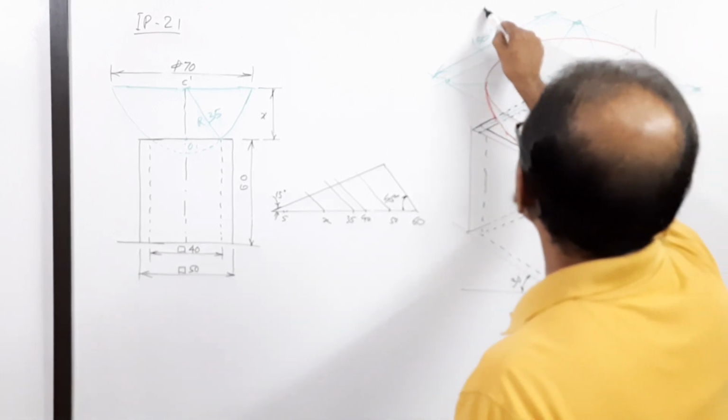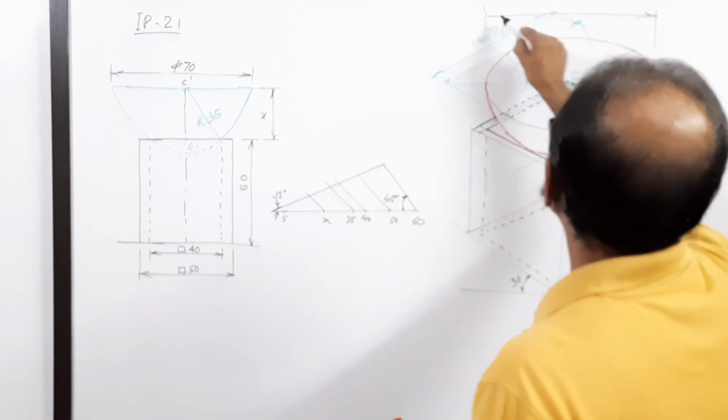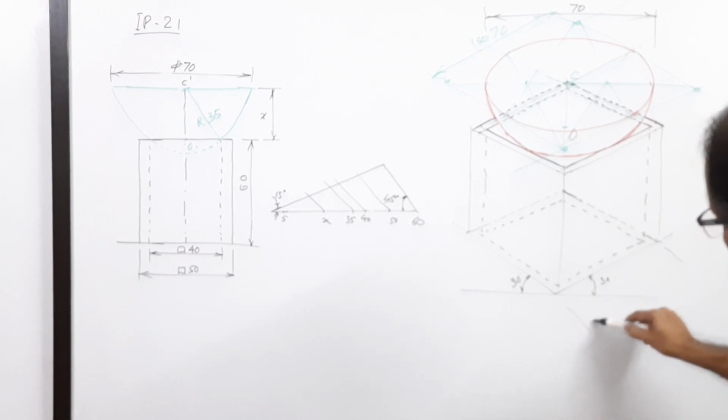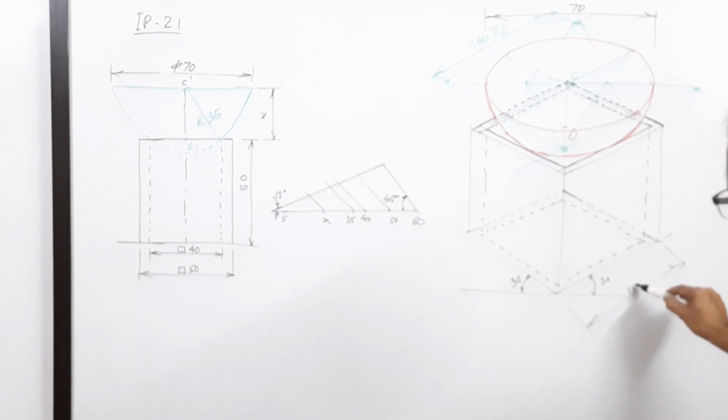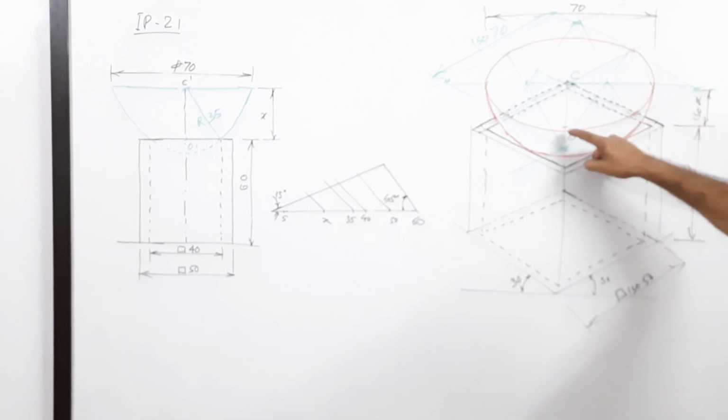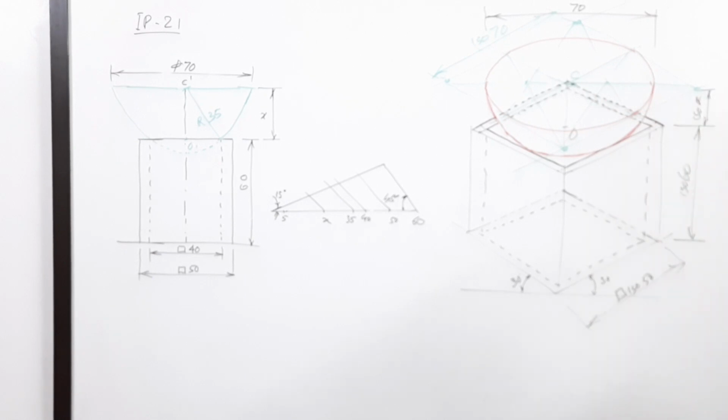This distance will be 70. This is ISO 50 square. This is ISO 60. This height is ISO X. From the center to C, ISO X.